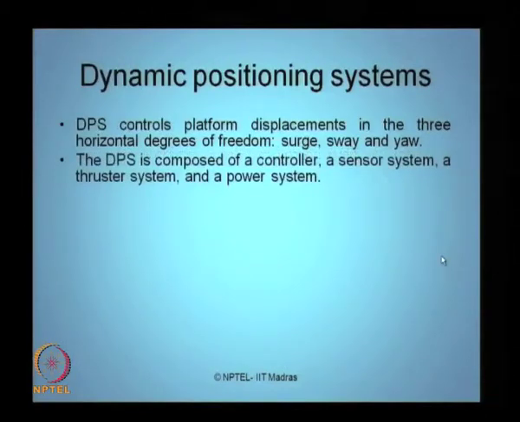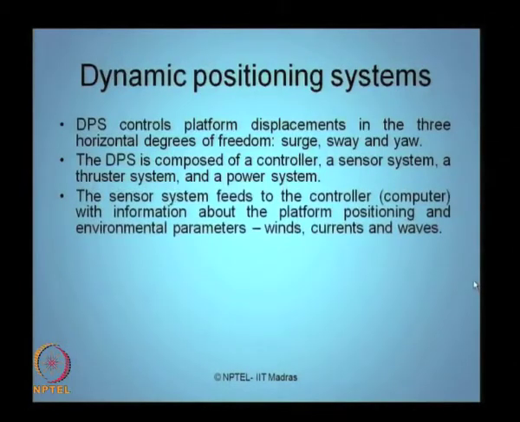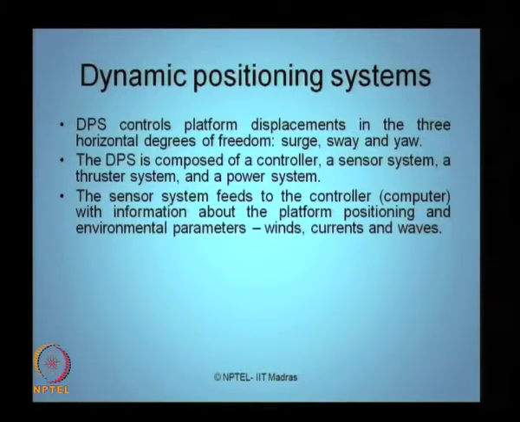DPS is composed of a controller, a sensor system, a thruster system and a power system. Put together is what we call the dynamic positioning system. The sensor system feeds the controller with information about the platform positioning and the environmental parameters.